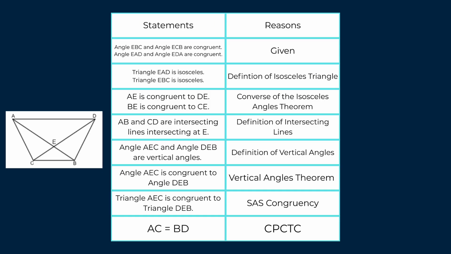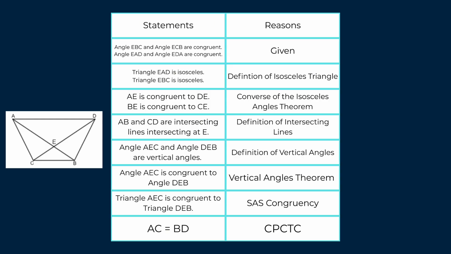That's the definition of an isosceles triangle. And we can also say the same thing with triangle EBC. It's also isosceles. You can see that angle C and angle B are congruent, meaning that EBC is an isosceles triangle.